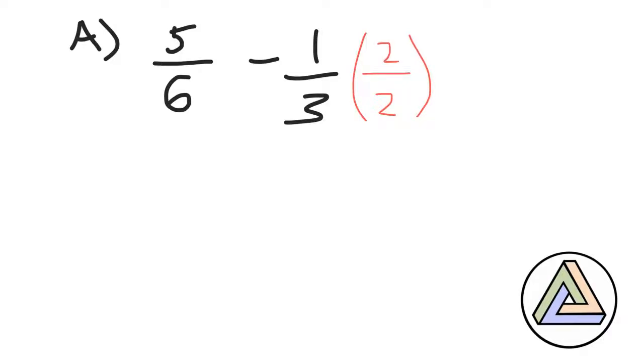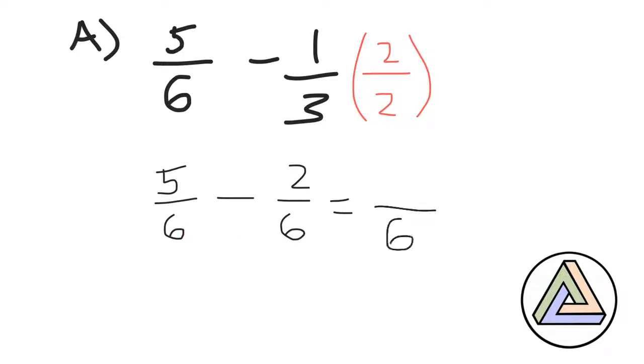On the next line, I'm going to rewrite what our situation is. We've got 5 over 6. And then over here, it's a multiplication of two fractions. We've got 1 times 2, which is 2, and 3 times 2, which is 6. So this ends up becoming 5 over 6 minus 2 over 6. And when you get this far, you just keep the denominator and you subtract the numerators.